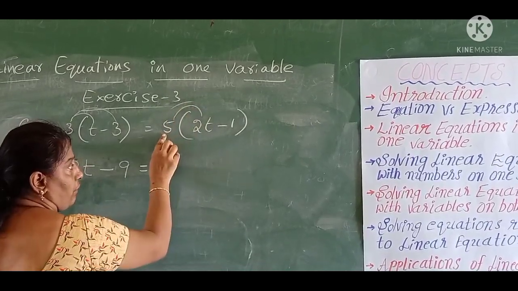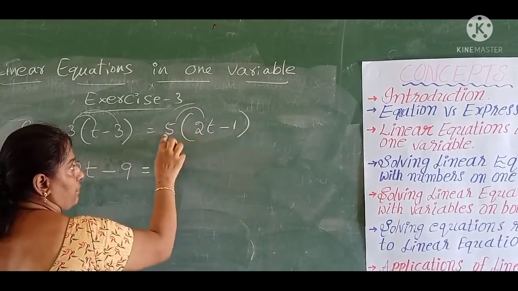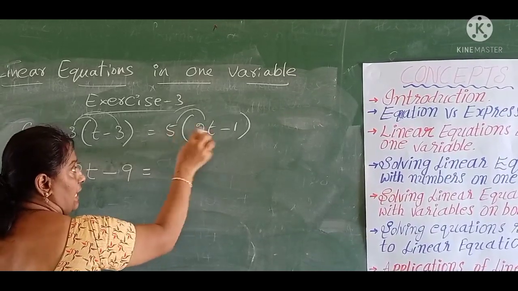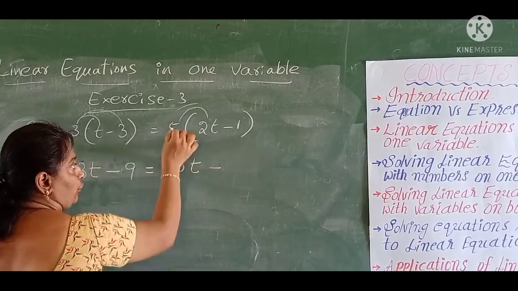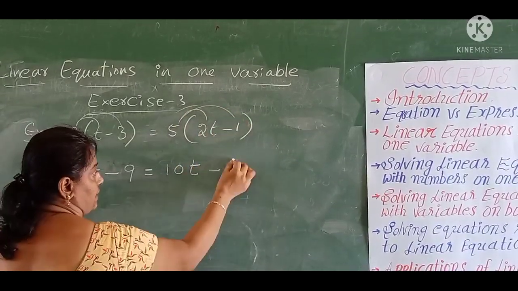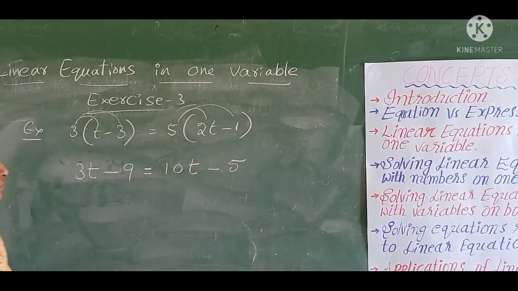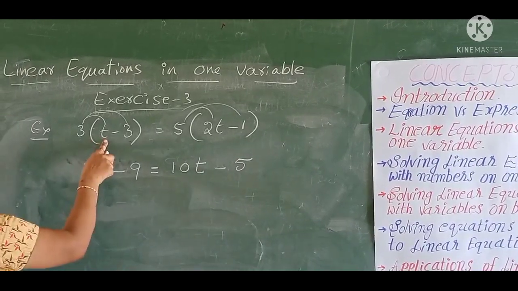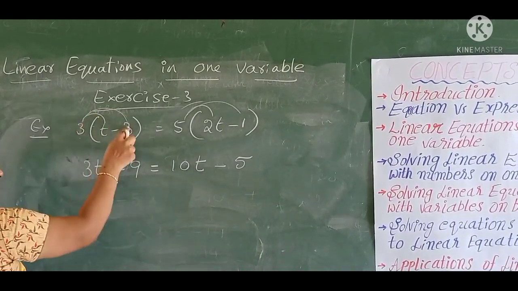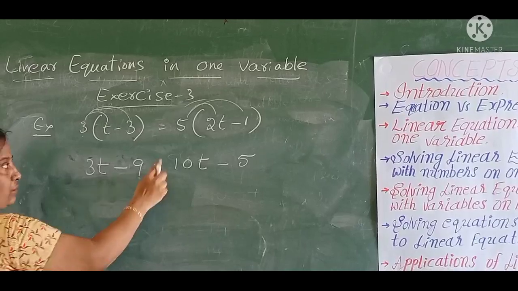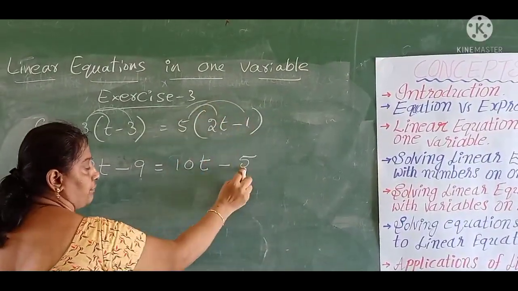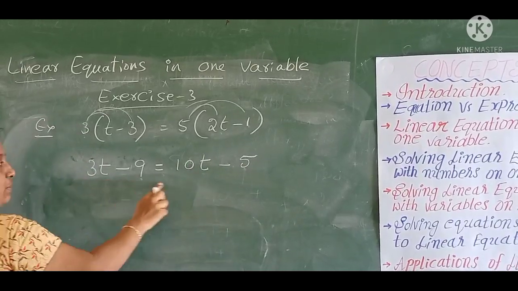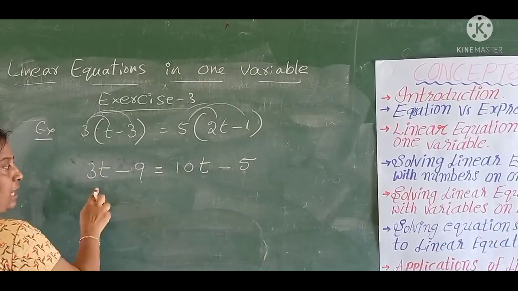Now we can multiply the numbers: 5 into 2, 10t, minus 5 into 1, that is 5. So 3t minus 9 is equal to 10t minus 5. Like the previous problem, how to solve?